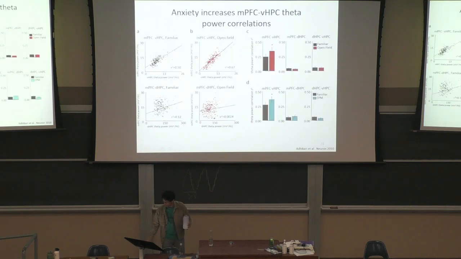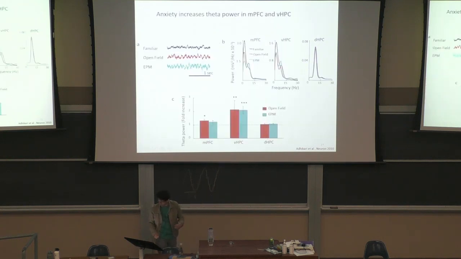Okay, so this shows that the ventral hippocampus and prefrontal cortex become more correlated with each other in the theta range during anxiety compared to baseline conditions. We also found that theta power, the size of the oscillation, also increases in the open field and elevated plus maze compared to the safe, happy, familiar environment.